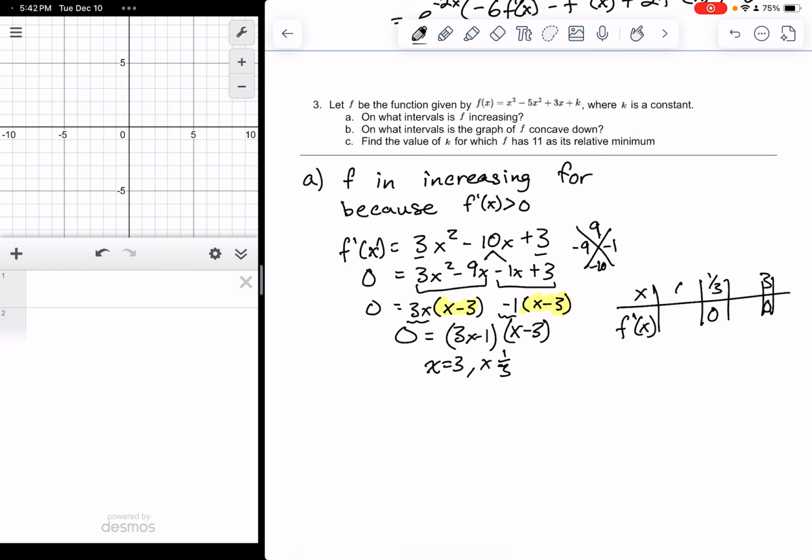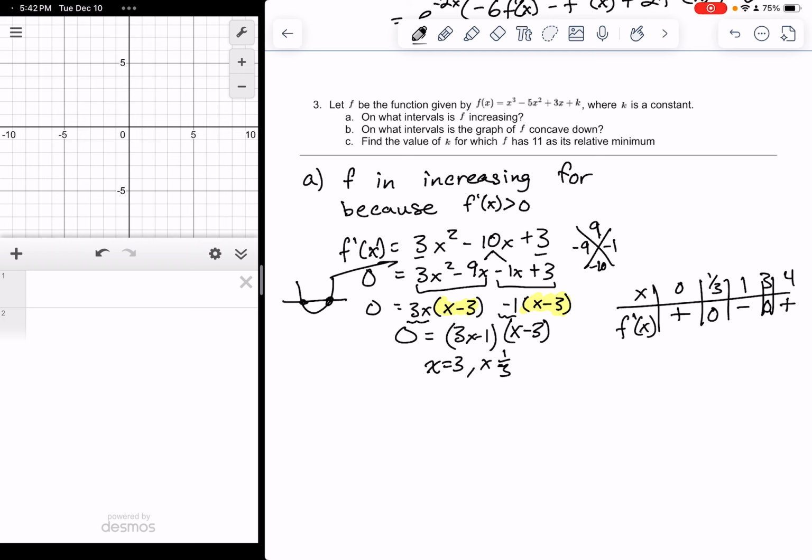If I were to pick numbers in between and multiply them in there, I already know what this picture is going to look like. It's a parabola, shaped like a smiley face that dips below the x-axis in the middle. So I'll be positive before, negative in the middle, and positive after.